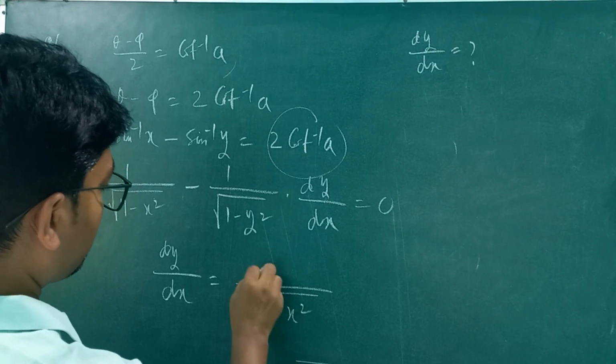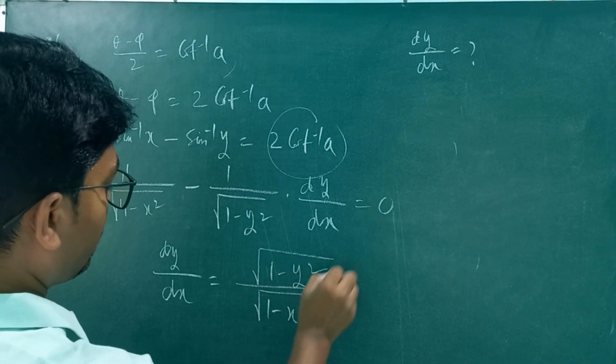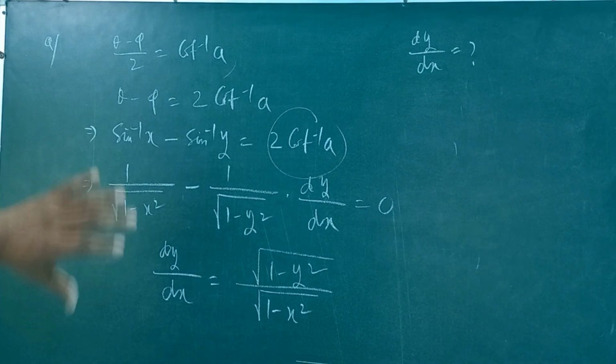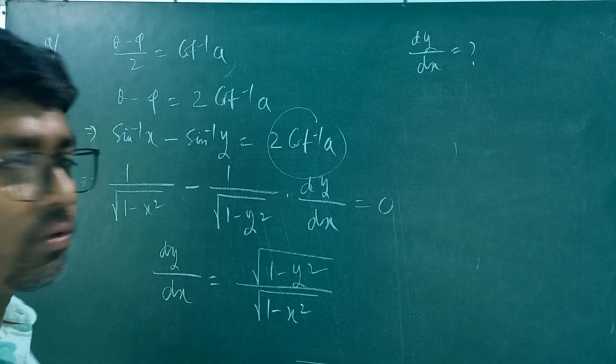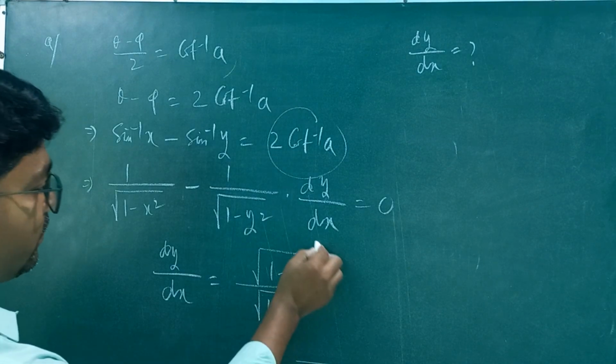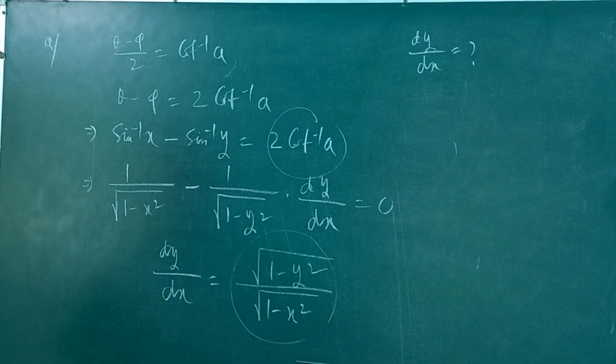Root over 1 minus y square by root over 1 minus x square. That is our result. So clear to everyone? That is how we approach this problem. Trigonometric calculation is mandatory before calculating the actual derivative. Otherwise, you cannot reach your goal.